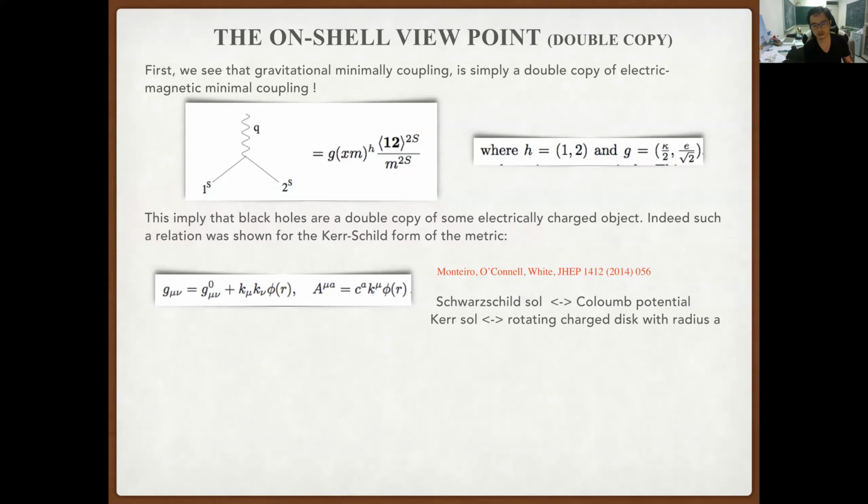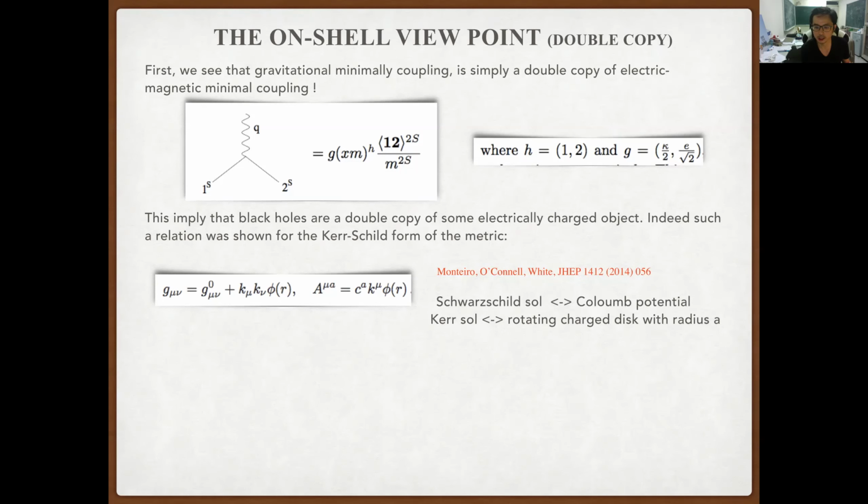And indeed, this was found long ago by our friends Ricardo, Donald, and Chris: in the Kerr-Schild form, which was already discussed earlier, you write the Kerr metric as a flat metric plus two null vectors multiplied by a scalar function. If you just take a single copy of this null vector multiplied by the scalar function, you get a solution to the Maxwell equation.